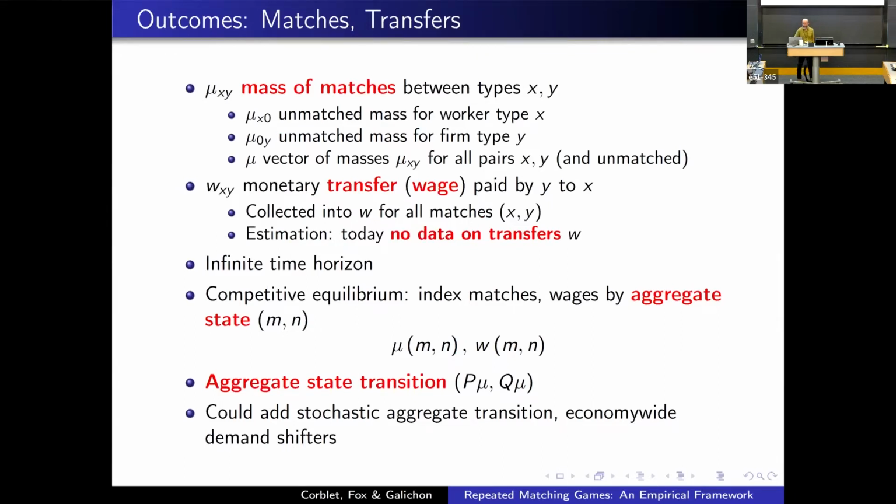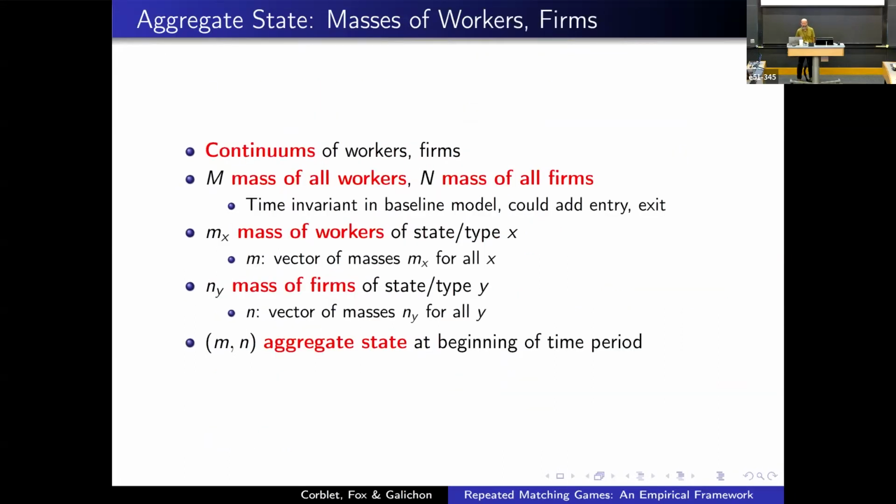Sorry, I'm going to advance the slide without meaning to. And M will then be the vector of all of these M_Xs, the mass of each type of worker X. And N_Y will be the mass of firms of type Y, and then N will be the vector of all the N_Ys.